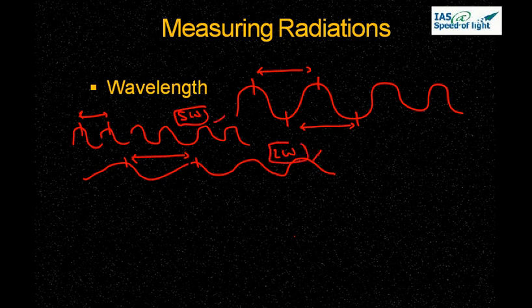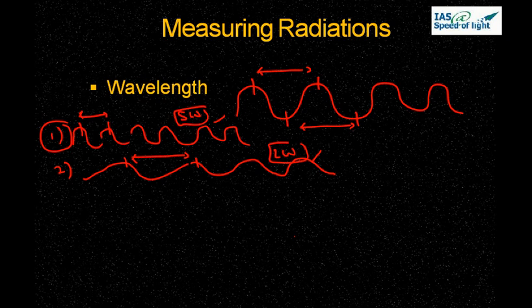Now I ask another question. So this is wavelength 1 and this is wavelength 2. Which one is more powerful, the short wave or the long wave? The answer is simple. The short wave is going to be more powerful because it has more crests and troughs, so it can push more crests and troughs in a particular time.